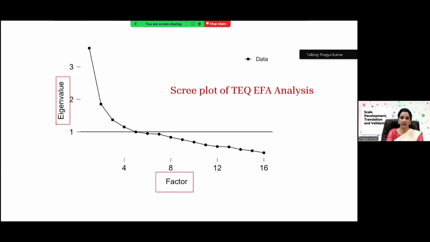You have decided on eigenvalues more than 1. If the eigenvalue is more than 1, you will take that factor. And the elbow, but many times it is difficult to decide what the elbow is. How will you decide on this? This is creating confusion: whether you should have 3, 4 or 5 factors.